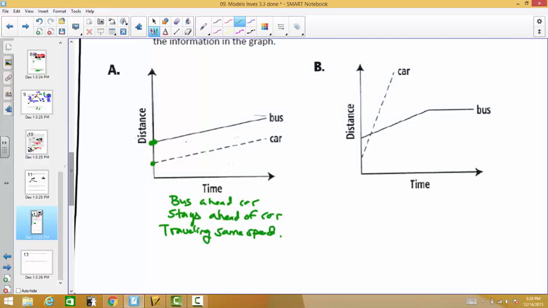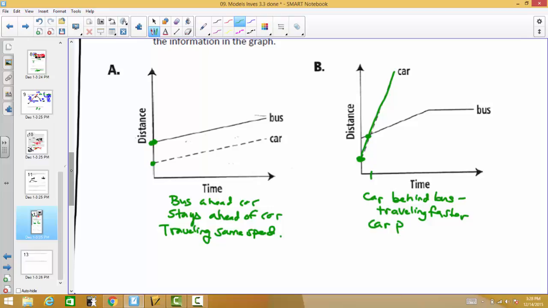Okay, in the second one, the car is behind the bus, just like the first one. And it's traveling faster because it's a steeper line. Okay, so that's the car. The car passes the bus. See, it passes the bus right here.